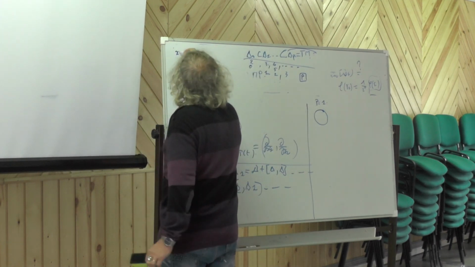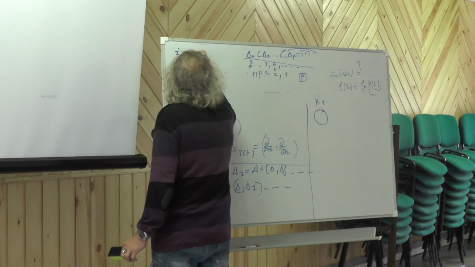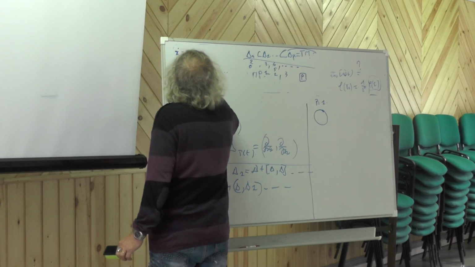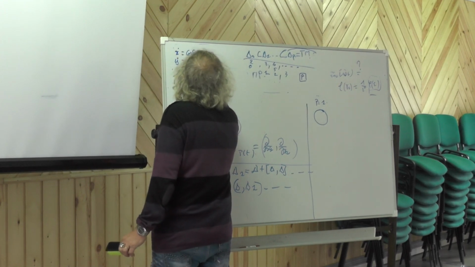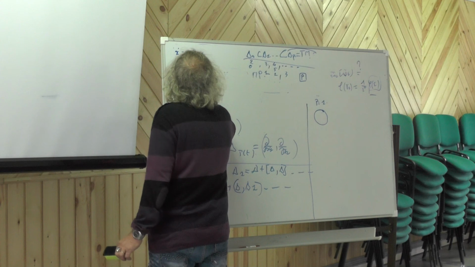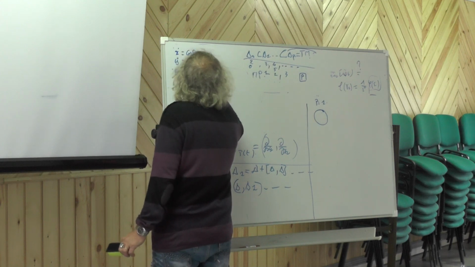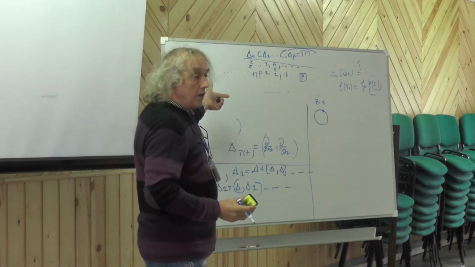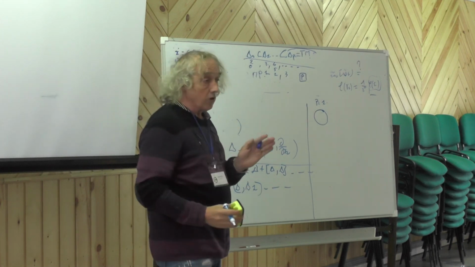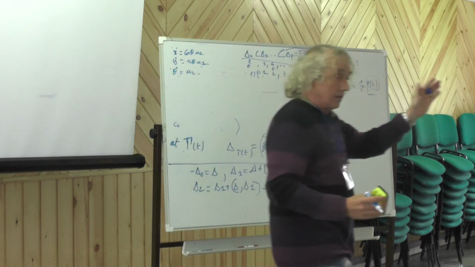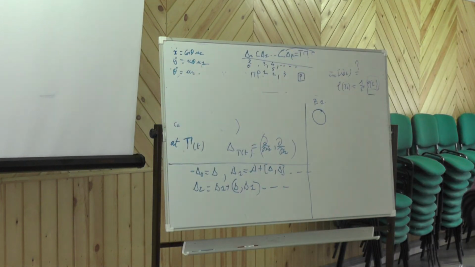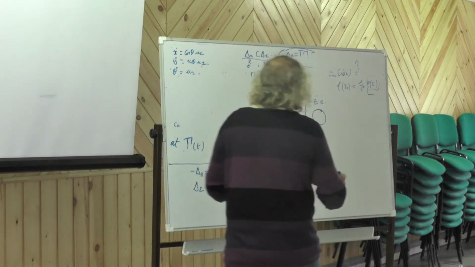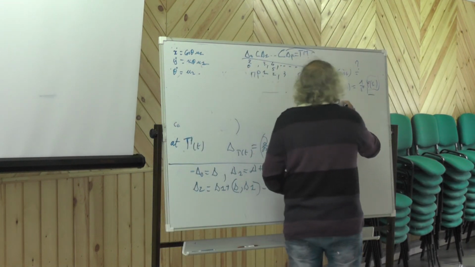So you have x dot equals cosine theta u1, y dot equals sine theta u1, and theta dot equals u2. If you want to turn, you apply u2. If you want to go straight on in the direction of the car, you apply u1. It is very simple. This is a Dubin's car. Then in p equals 1, you have this.